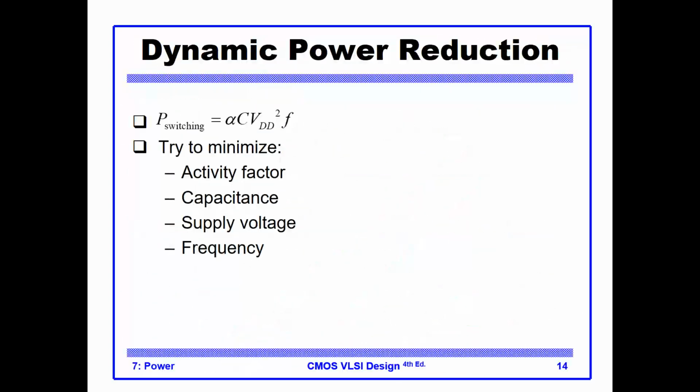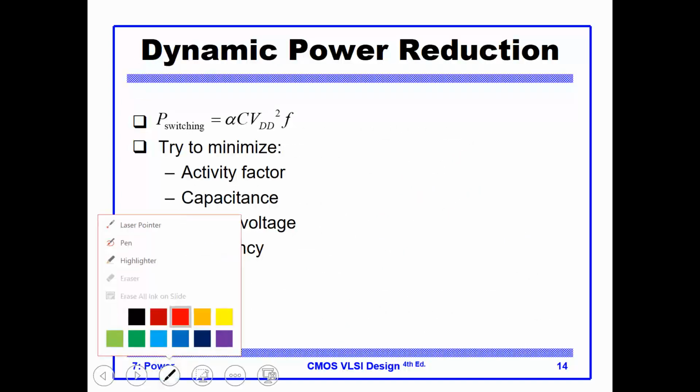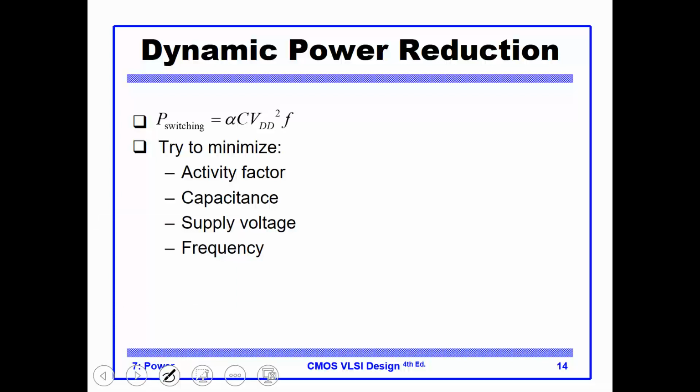This is how we're going to reduce the power: by reducing the activity factor alpha, the capacitance C, the supply voltage V, and the frequency F. The approach typically attacks all of them, not one specifically, and this is where you get the most advantage.